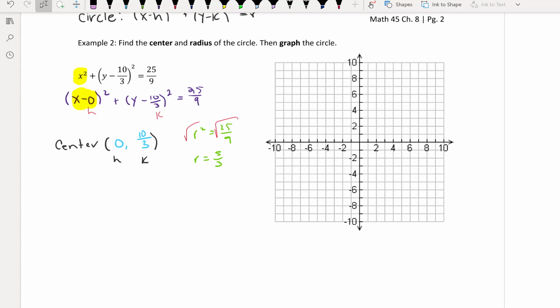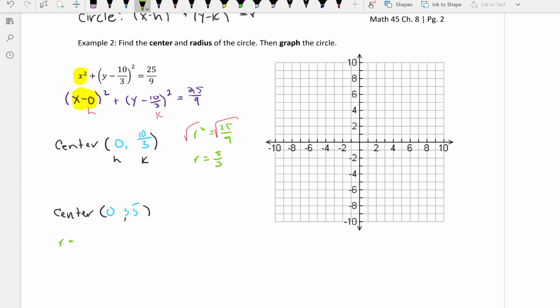So this is what my center and my radius look like. It might be helpful if you write it as a decimal. Let's see what 10/3 is as a decimal: 10 divided by 3 is 3.3 repeating.